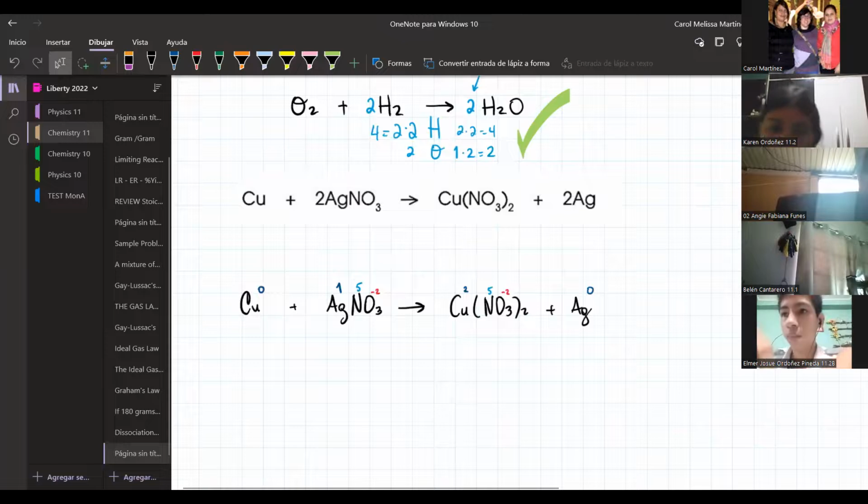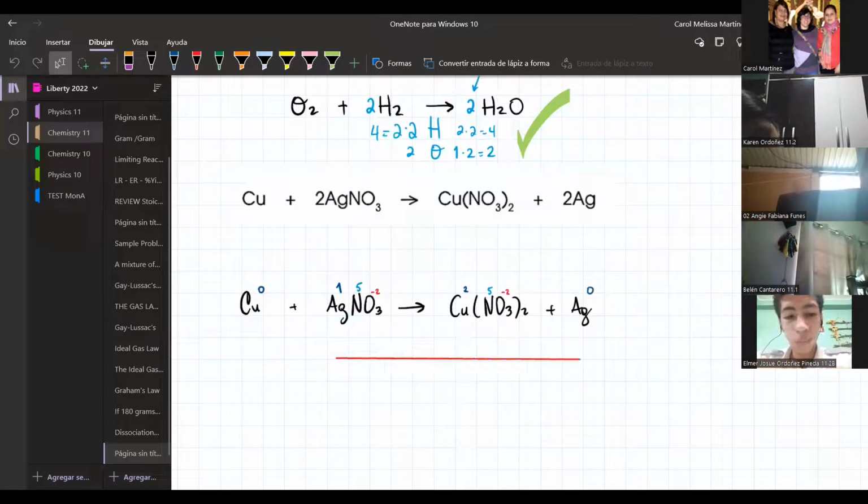So now that we have found all the oxidation states, we're going to see oxidation and reduction. First, I'm going to identify reduction. Silver was 1, and after the reaction, it was 0, okay? So initially, silver had 1, and after, 0. That means the oxidation number decreased. So therefore, this is reduction. And remember that in reduction, the electrons are in the reactants.